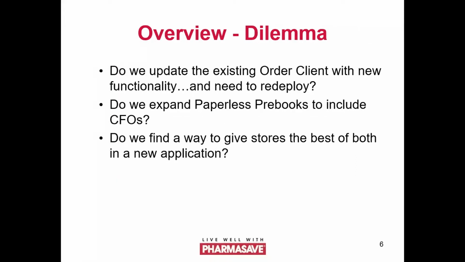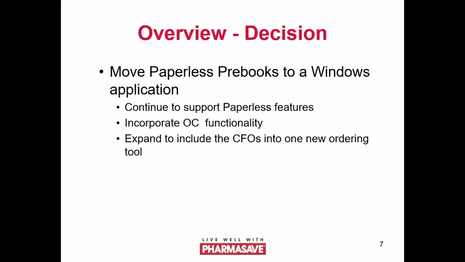That left us with a dilemma. Do we update the existing Order Client with some of the functionality and enhancements people have been asking for, and then redeploy to everyone? Do we take paperless pre-books and expand it to include the call for orders, knowing that some of the functionality people were asking for wasn't going to be possible anyway? Or do we go outside the box and give stores the best of both of the applications you currently have?